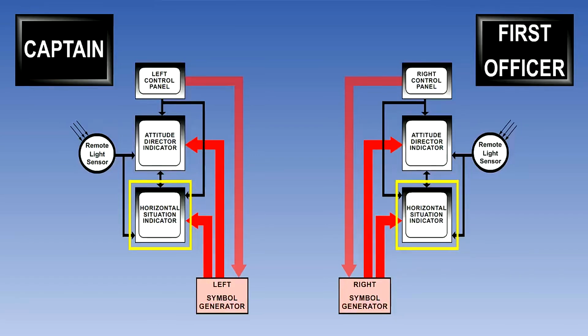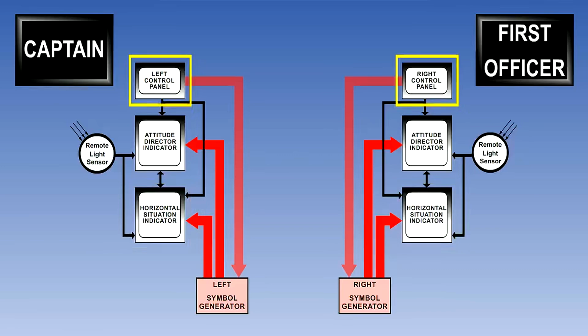There is also an EHSI as Boeing call it. Airbus call it a navigation display or ND. However, you should be prepared to see ADI and PFD used interchangeably and the same with EHSI and ND. Also, other manufacturers may use either term.